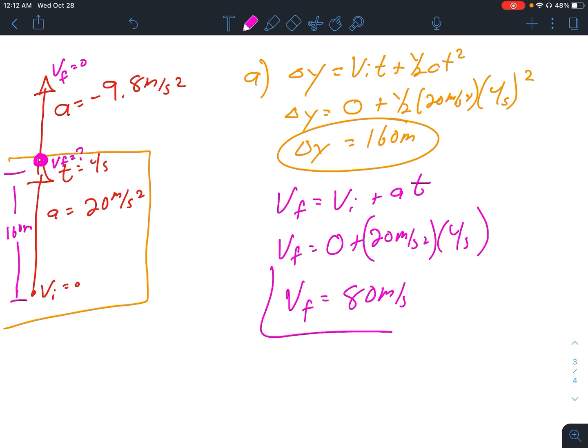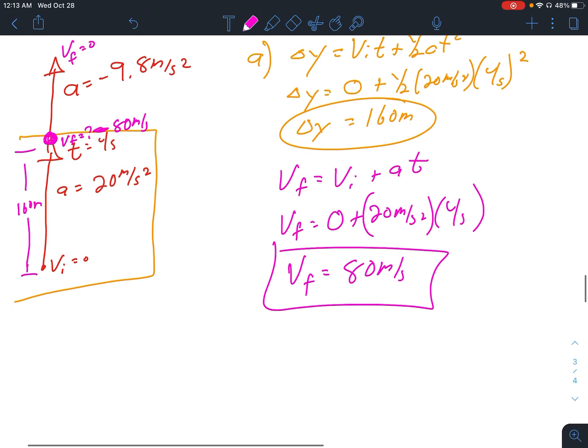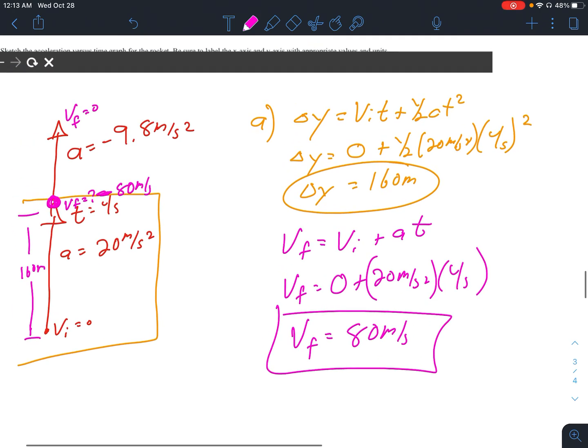In speaking with some people or looking at solutions, some people reason that out, that if you're starting at 0 and our acceleration is 20 meters per second for every second, and you move for 4 seconds, every second you're increasing by 20. So it's going to be 20, 40, 60, 80. So right here, you're going to be going at 80 meters per second. So this actually becomes our new initial velocity for the second stage.